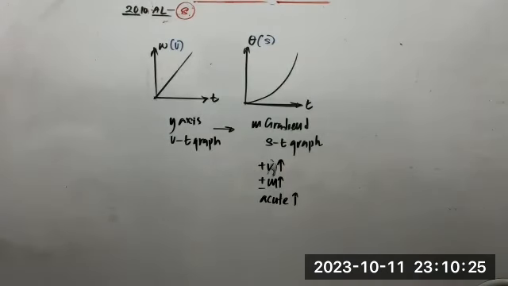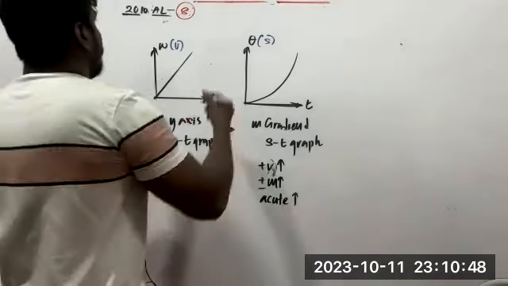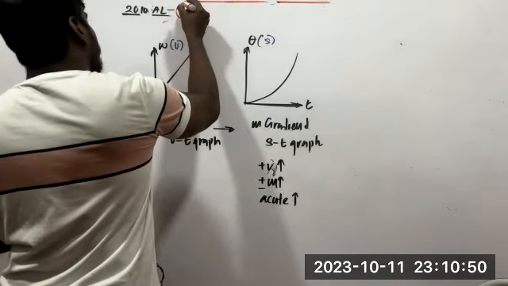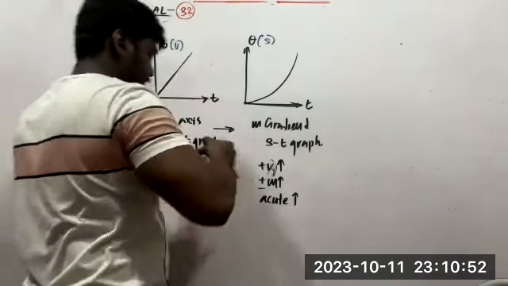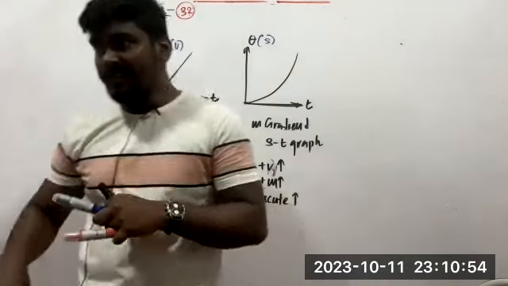Then we'll go to the 2010 A level question number 32. That's easy.